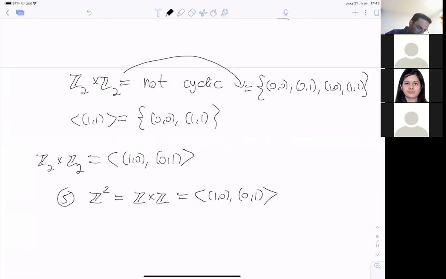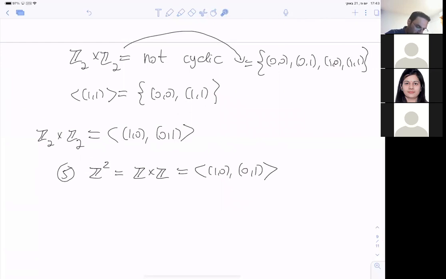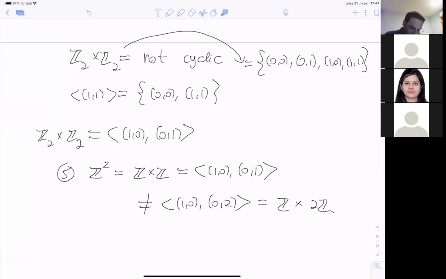Now, it's not true. I mean, it's a basis over Z. It's not being generated by this, because this gives you only the elements in Z direct product with the even numbers. You cannot generate, for example, (0,1) by these generators. Any power of these elements will give you only even numbers in the second component.